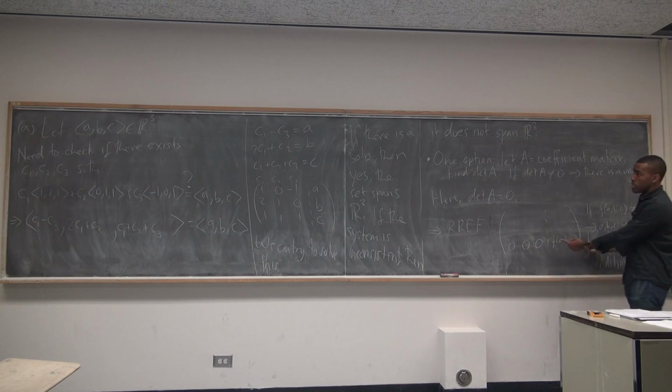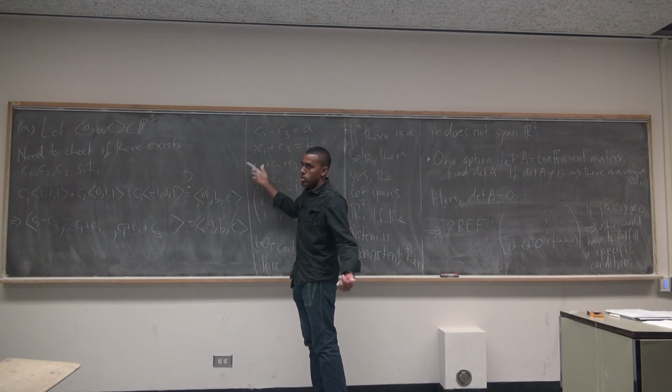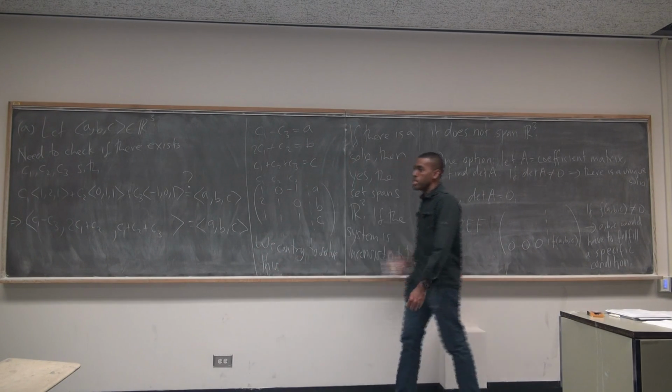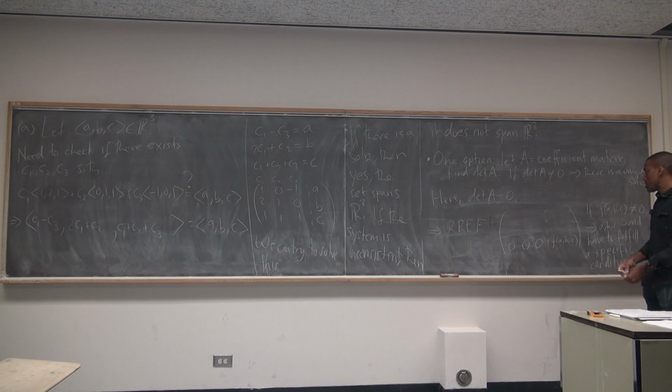And once you put a specific condition on the vector that I can pick, guess what? It won't span, because any vector that doesn't fulfill that condition, I cannot write as a linear combination.